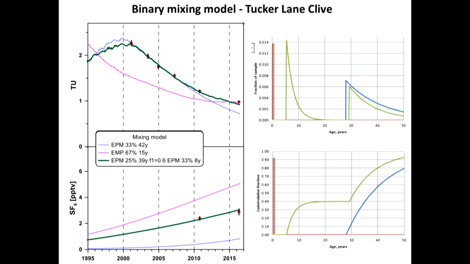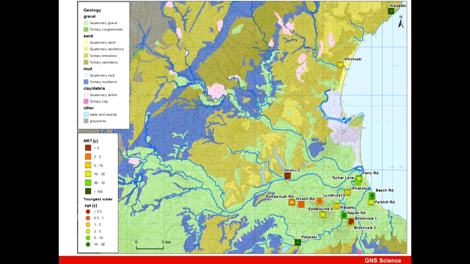But in the case of the Brookvale wells, that young component was only as young as a month or below a month. Here's the distribution of the drinking water wells, which is a little bit complicated. In the squares, we see the mean residence time. The more red, the more young it is.